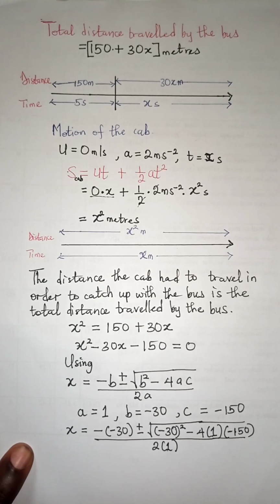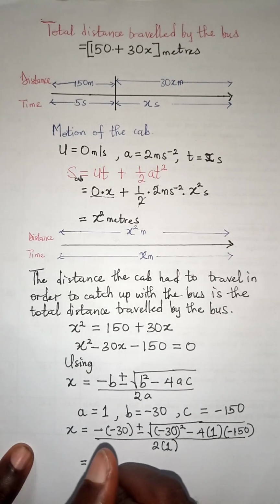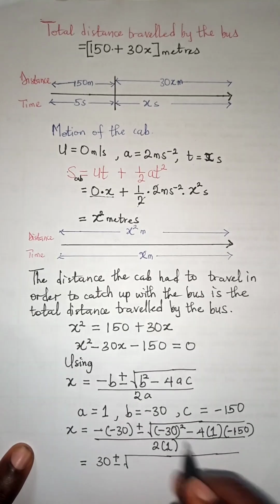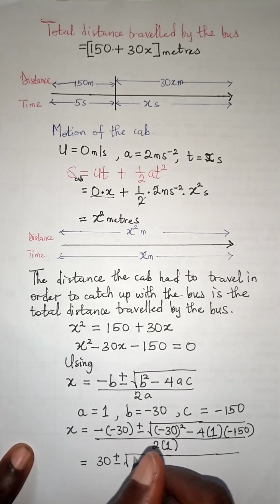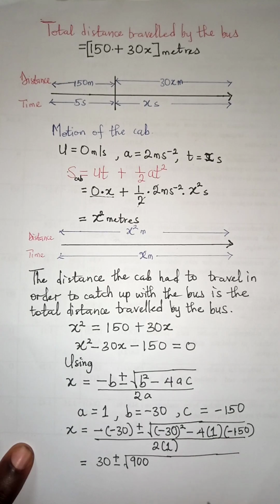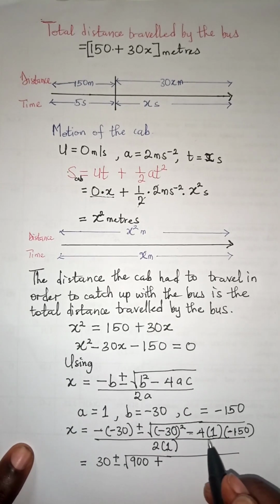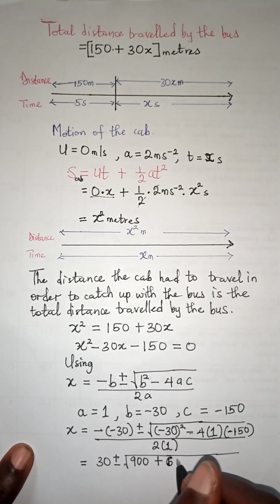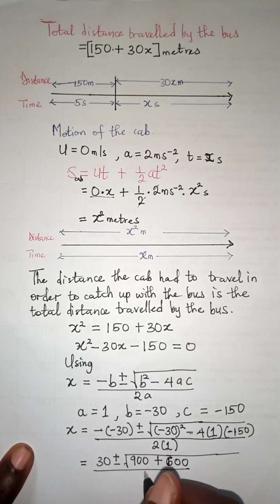And that is going to be negative times negative 30, minus times minus gives a positive result, which is 30, plus or minus the square root of negative 30 squared, which becomes a positive 900. Now negative times negative here becomes positive, and 4 times 150 is 600. Then that is divided by 2.